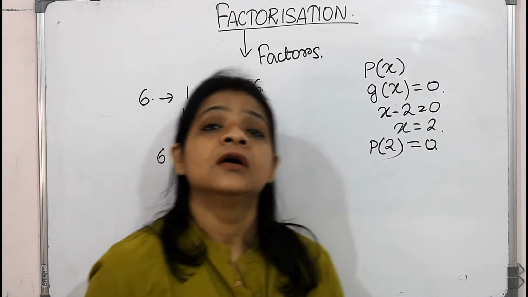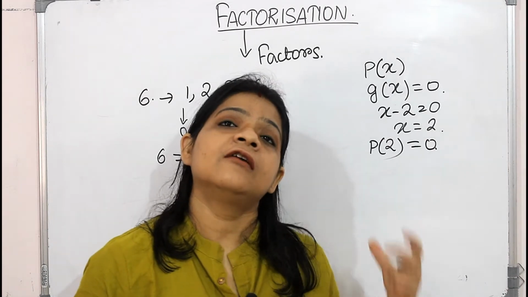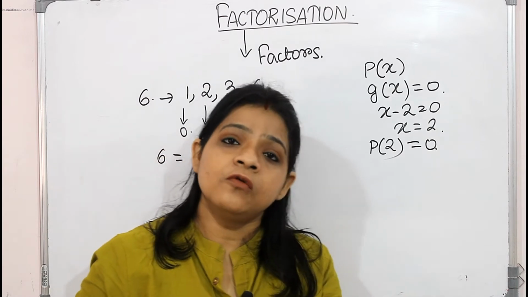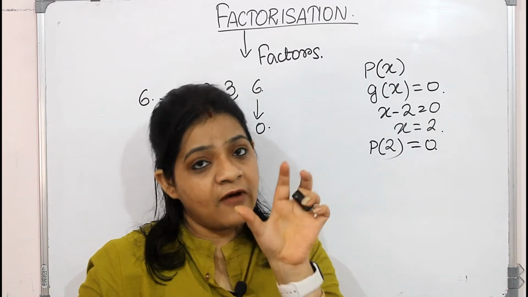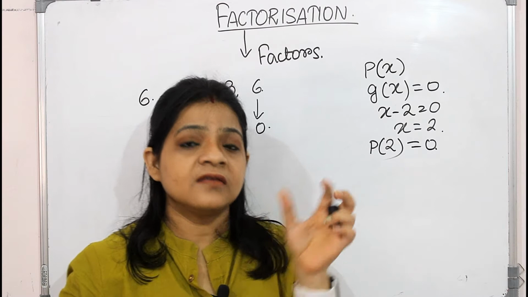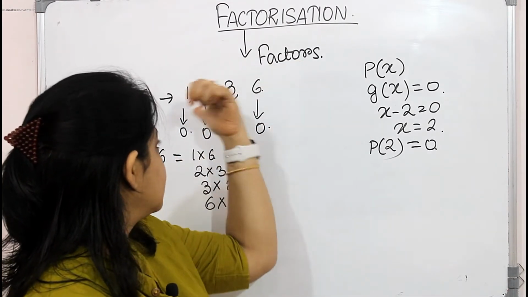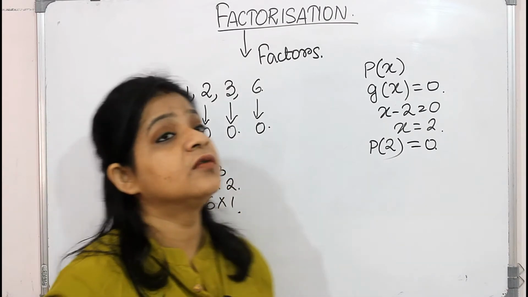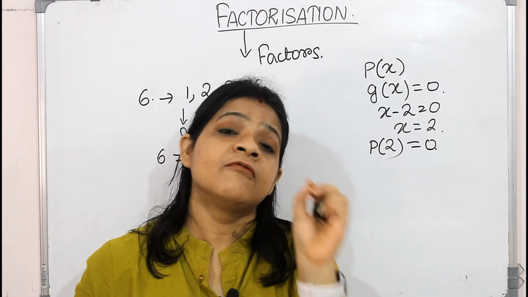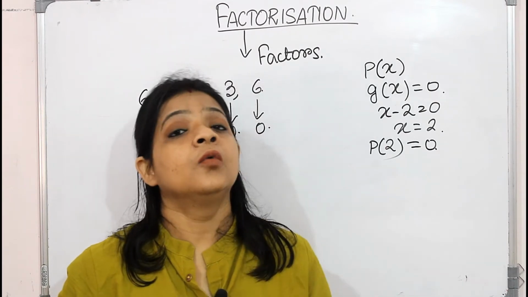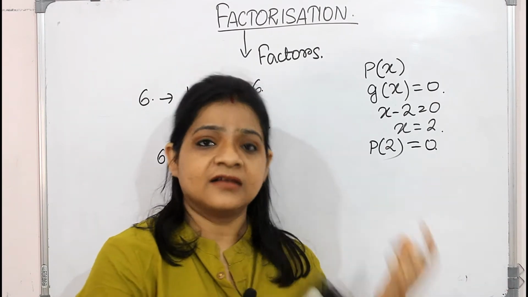So these are the factors. When you multiply two factors of a particular number, here 1 into 6 and 2 into 3, they will give you the exact number.